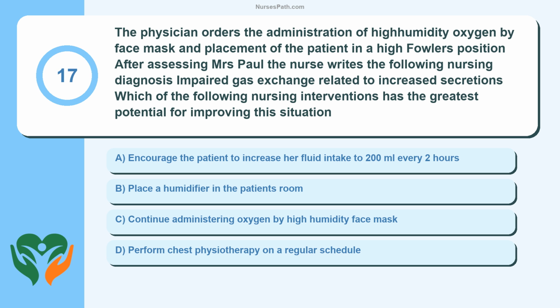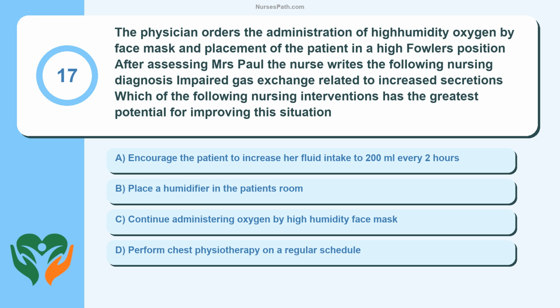Question 17. The physician orders the administration of high humidity oxygen by face mask and placement of the patient in a high Fowler's position. After assessing Mrs. Paul, the nurse writes the following nursing diagnosis: impaired gas exchange related to increased secretions. Which of the following nursing interventions has the greatest potential for improving this situation? Encourage the patient to increase her fluid intake to 200 ml every 2 hours.